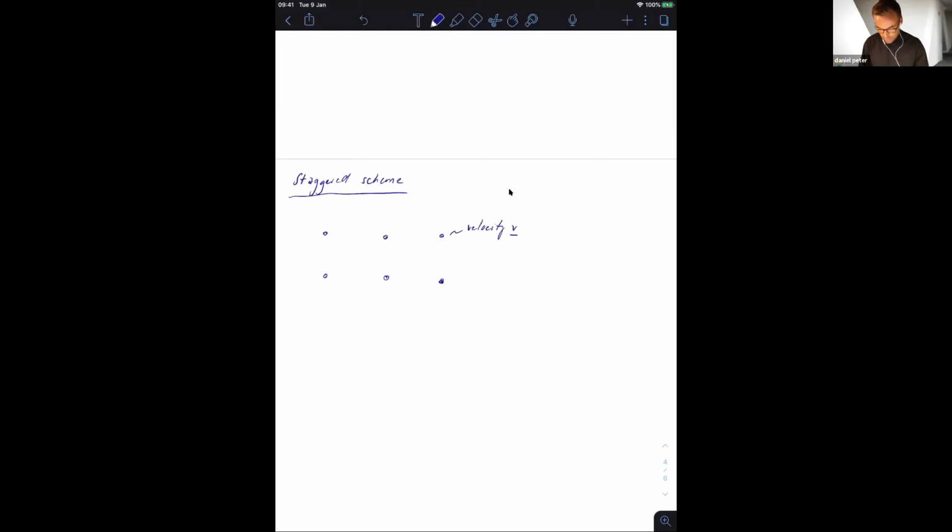Now a staggered grid uses these intermediate steps, for example. And at these intermediate steps, you would evaluate the stress T. For example, Jerry showed that this becomes more accurate when you do it this way in such a staggered scheme.